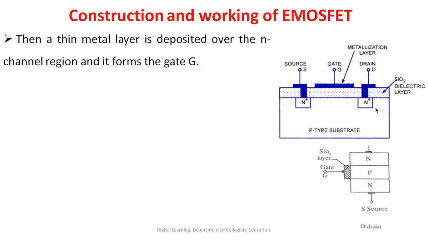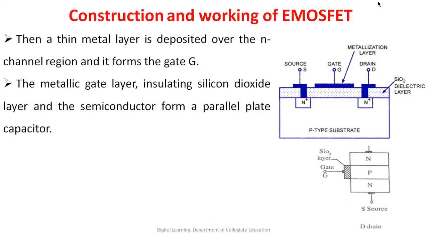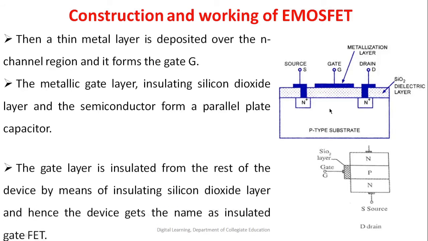A thin metal layer is deposited over the channel region and it forms the gate. The metallic gate layer, the insulating silicon dioxide layer and the P type semiconductor form a parallel plate capacitor.